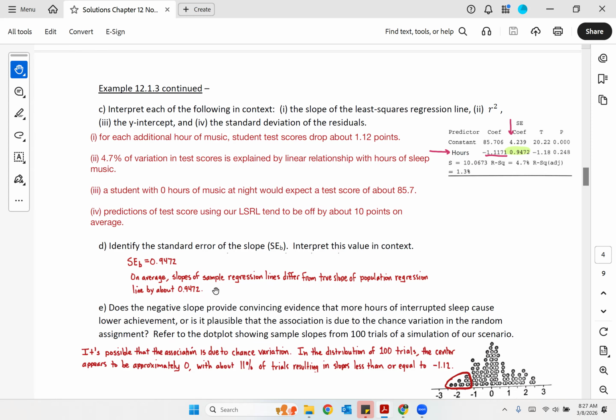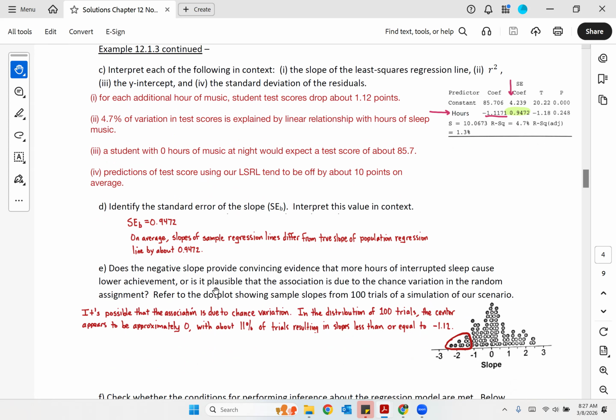All right, moving on to part E. Now, in our sample, we have a negative slope, which suggests that the students' test scores are getting lower as the amount of sleep music is increasing. But is it negative enough? Do we end up with a negative slope just due to random chance?